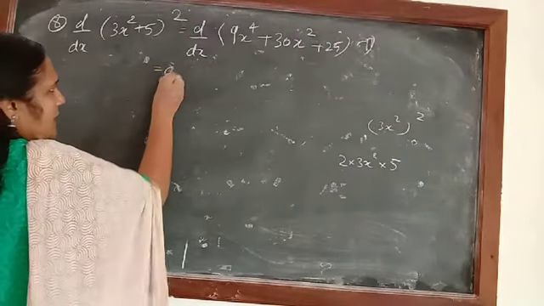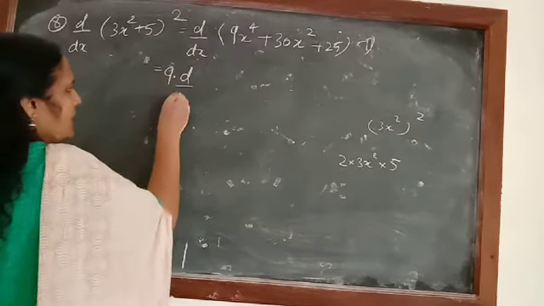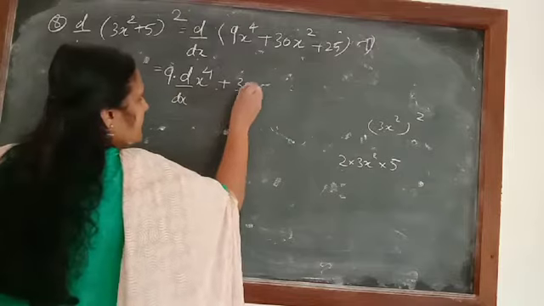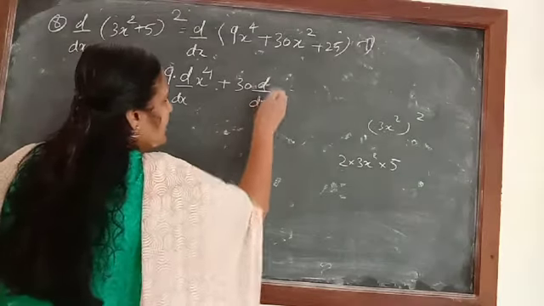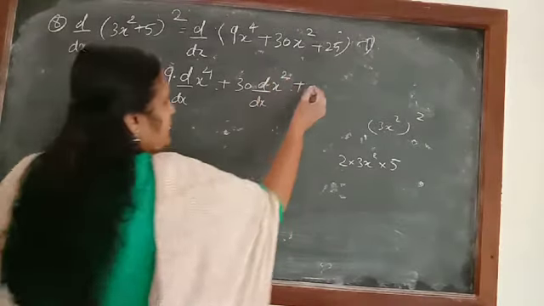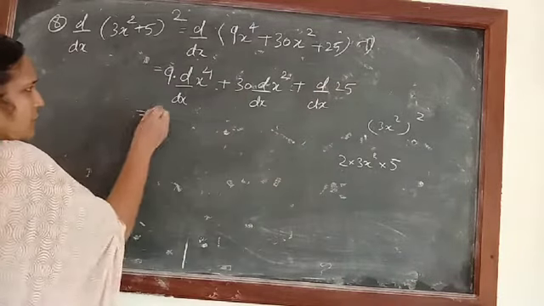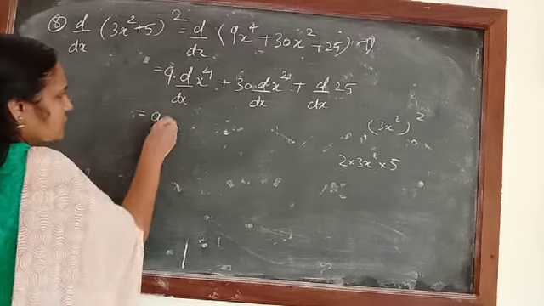Now differentiation. 9 we can take outside. d by dx of x raised to 4 plus 30 taken outside, d by dx of x square, plus d by dx of 25. What will be d by dx of x raised to 4?